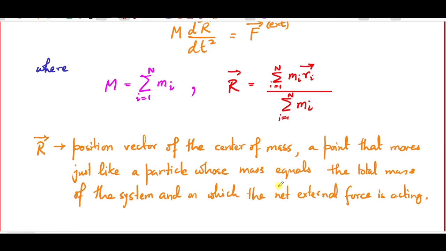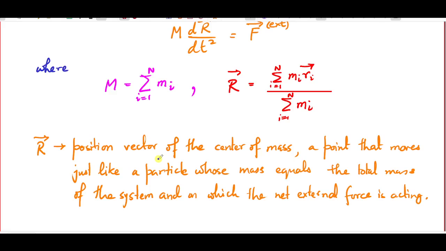This is a point that moves just like a particle whose mass equals the total mass of the system and on which the net external force is acting in totality. In other words, if you had a fictitious particle whose mass was exactly equal to the total mass of the system and on which we had assumed that all the external forces were acting, it would move exactly in the same way as the center of mass would.